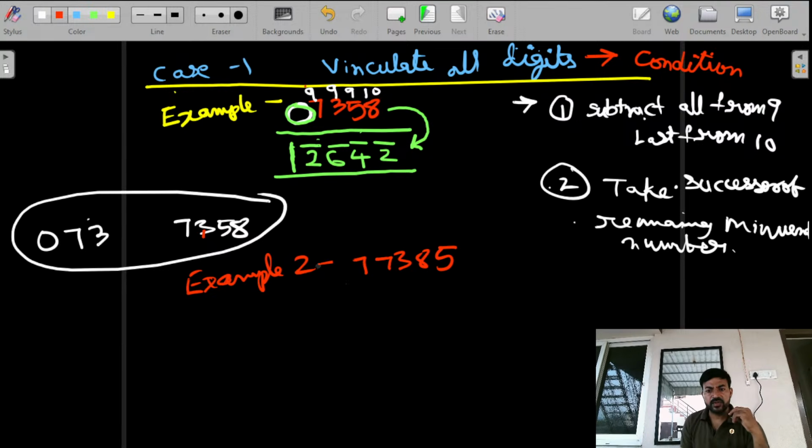Vinculate 77,385, everyone. Vinculate 77,385 means, in case 1, we have to vinculate all digits. I am explaining case 1, vinculate all digits. That means you have to apply the vinculation process to all digits.